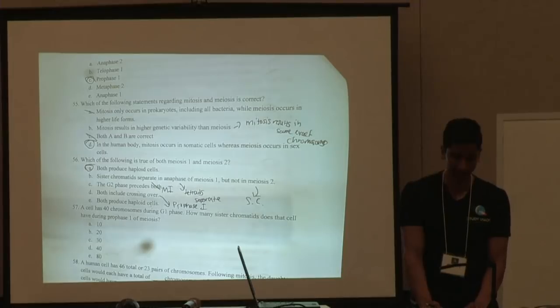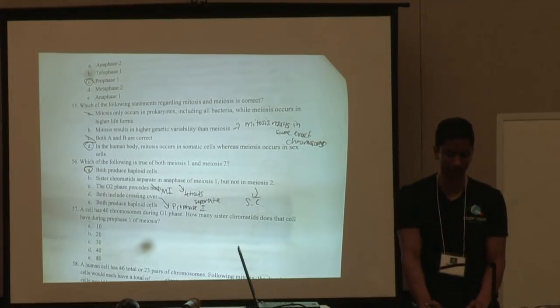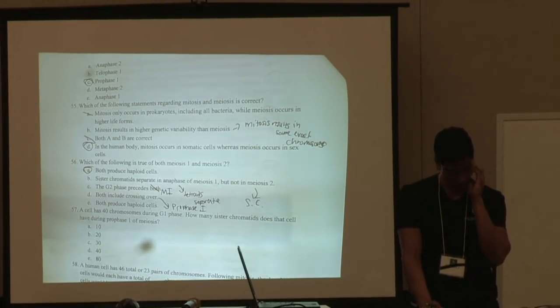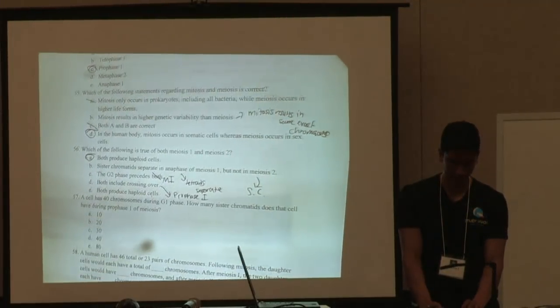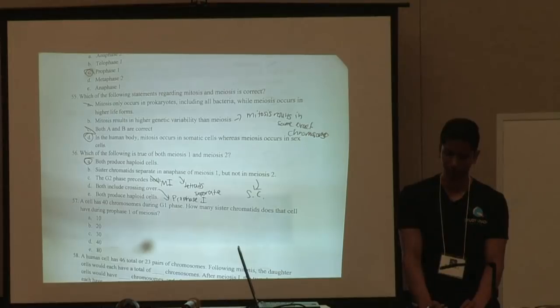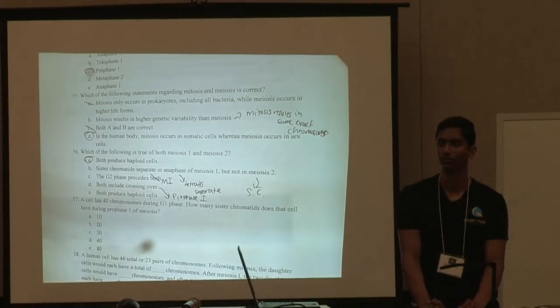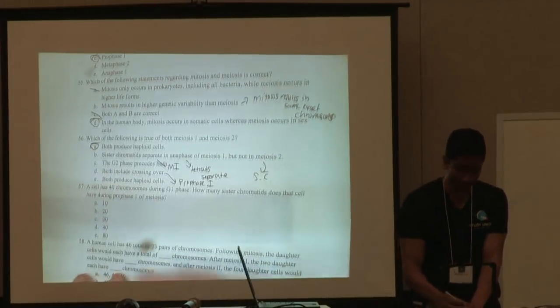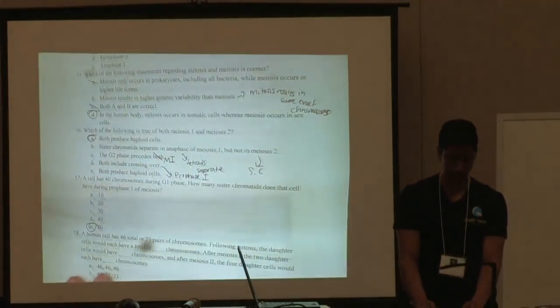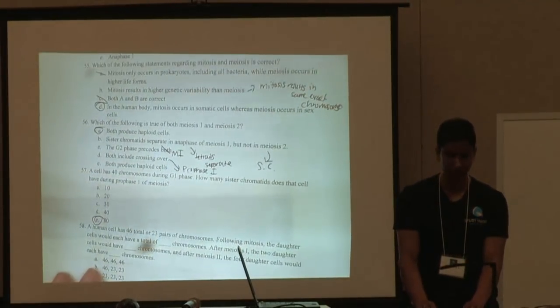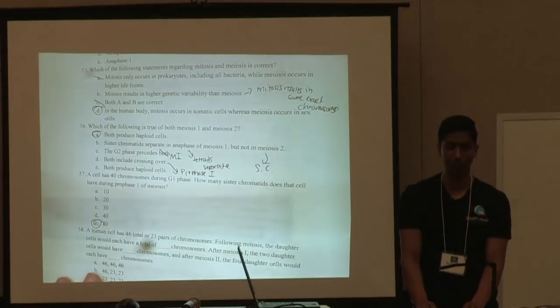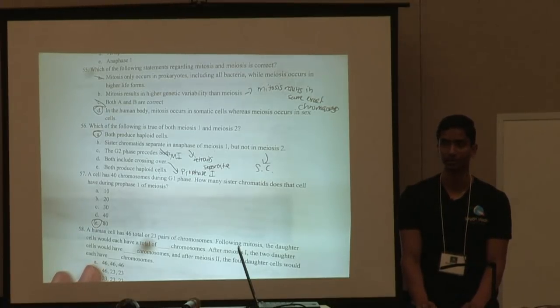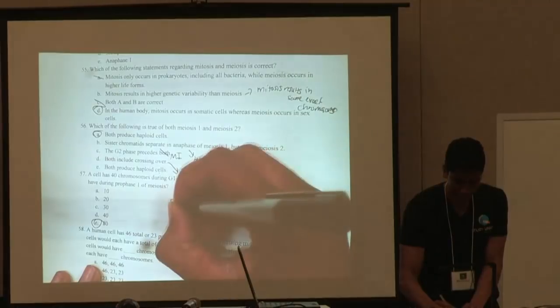How many sister chromatids does that cell have during prophase 1 of meiosis? It's 80, yeah. Does that make sense? So we still have 40 chromosomes, but we now have 80 chromatids, sister chromatids.